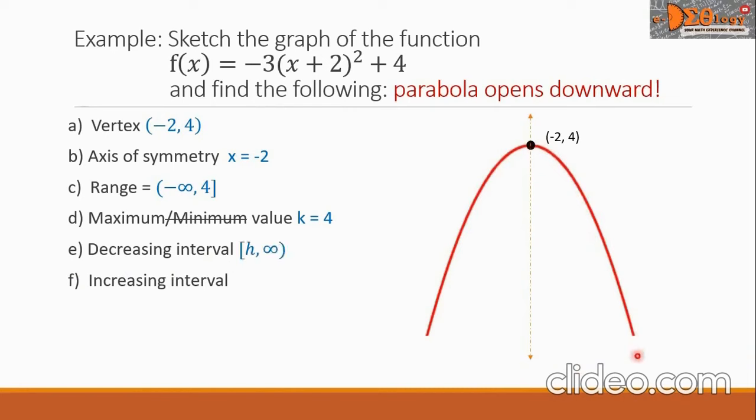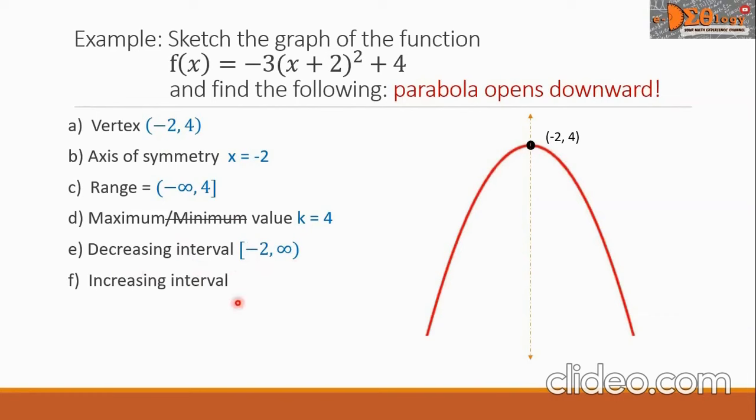And our formula is the square bracket h, comma, positive infinity, parenthesis. And this h we will now change by the x coordinate of the vertex. So the decreasing interval h becomes -2. So this is now our interval notation for the decreasing interval.